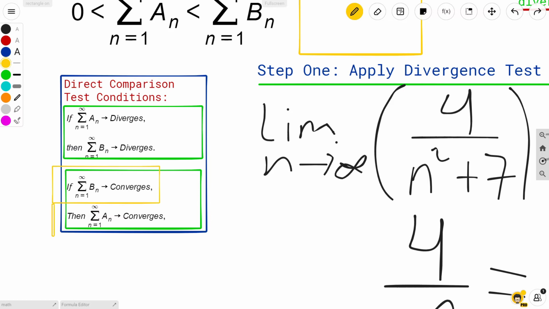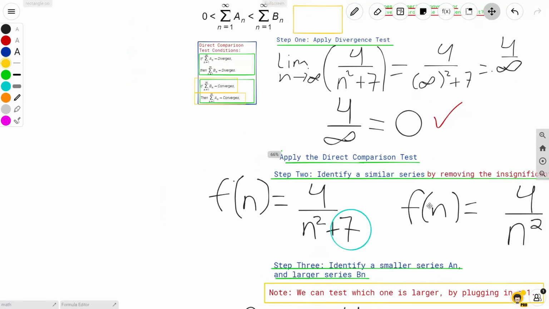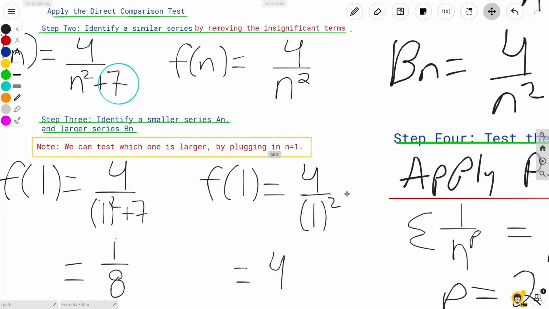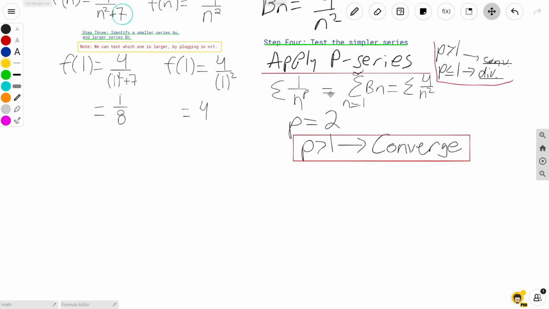A sub n also converges, because when the larger one converges, the smaller one has to converge. For your final answer, you want to state it something similar to this. We have a lot going on here, but this is our final answer.